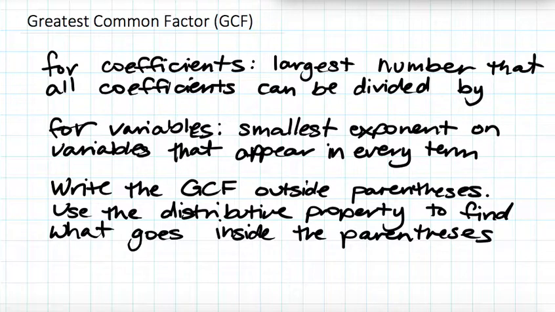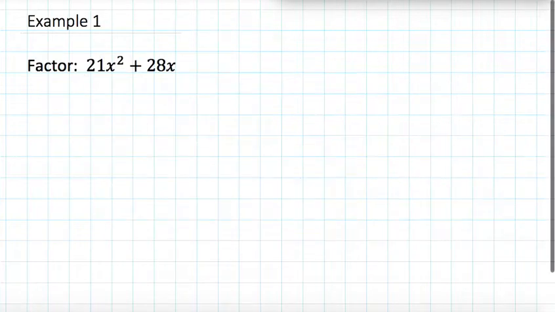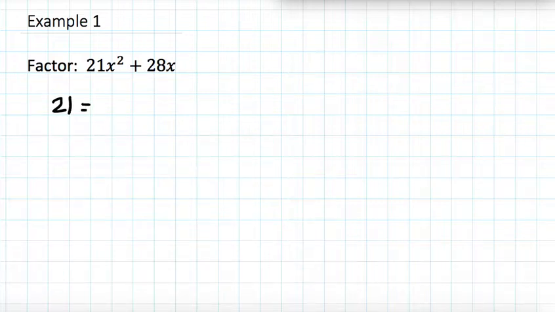So we're going to look first at example 1. It says to factor 21x squared plus 28x. So for the numbers, what I want to think about is what two numbers multiply to 21 and what two numbers multiply to 28. And then I'm looking for the largest number that's a factor of both. I know that 21 is 3 times 7.